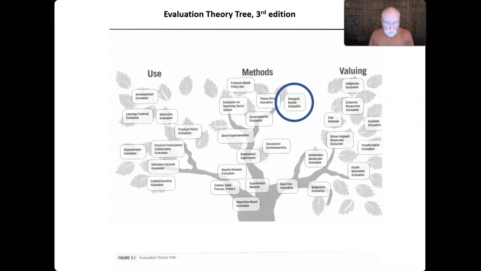But they conclude, quote, "although it leans toward the valuing branch of the tree because of its emphasis on promoting social betterment, we place emergent realist evaluation on the methods branch because of its emphasis on the use of social science methods," close quote.